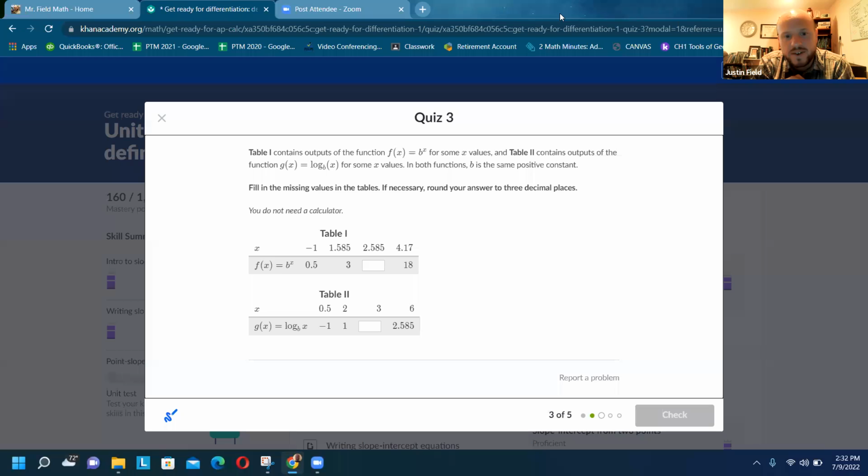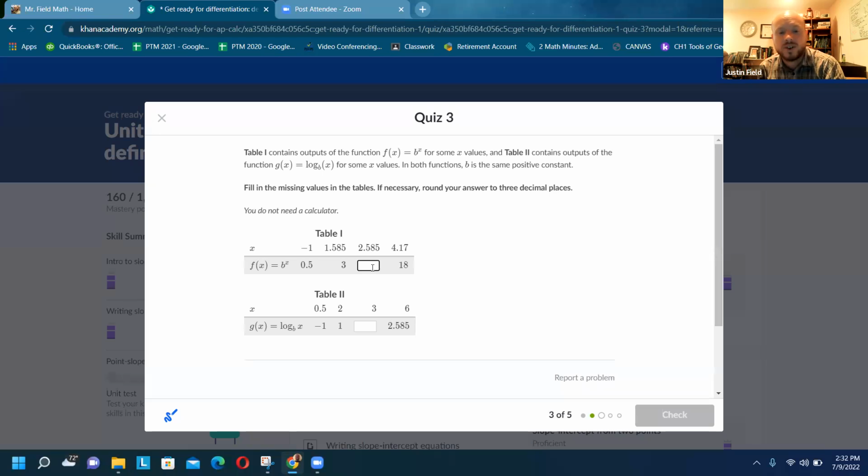Fill in the missing values in the tables. If necessary, round your answer to 3 decimal places. Okie dokie. This is challenging. Okay, so you do not need a calculator.